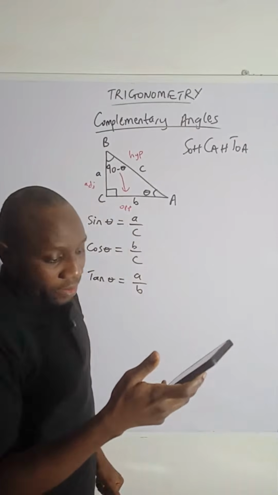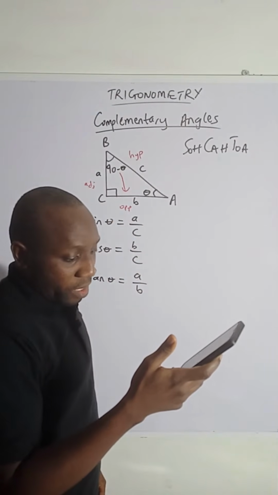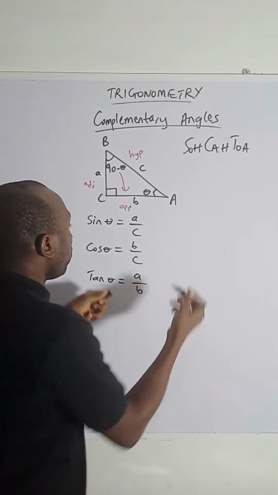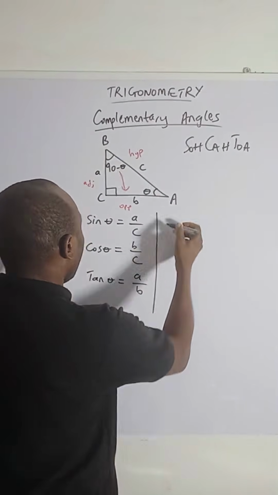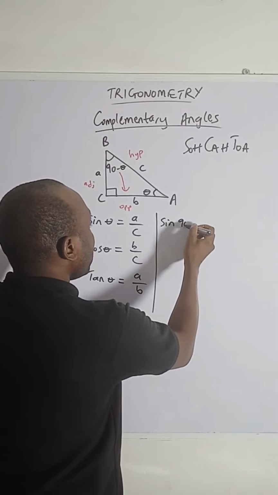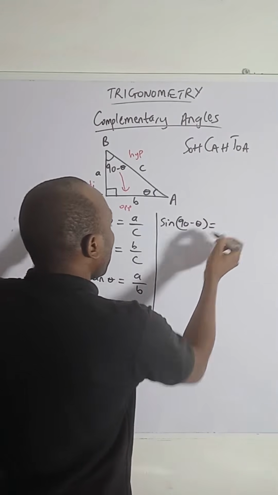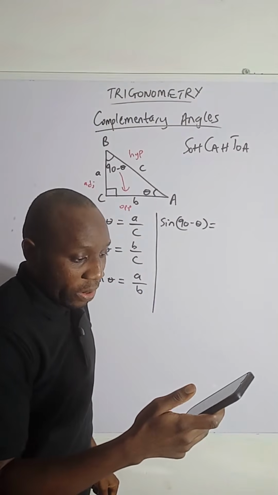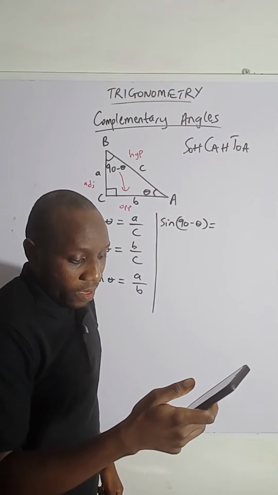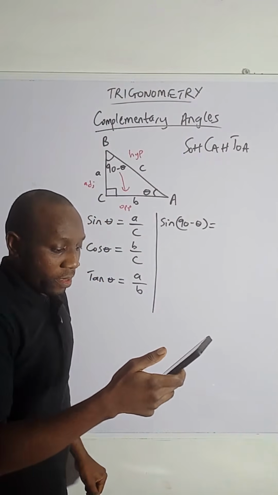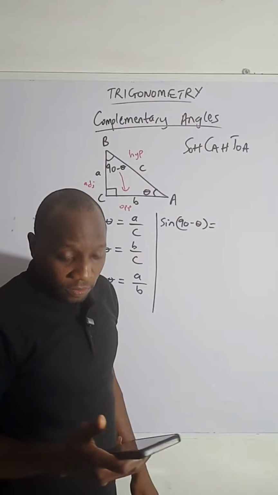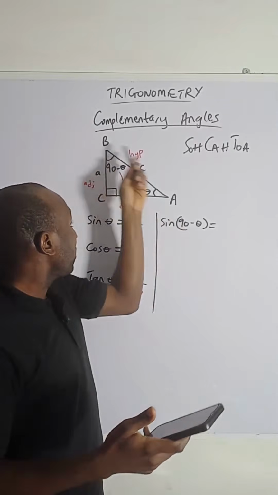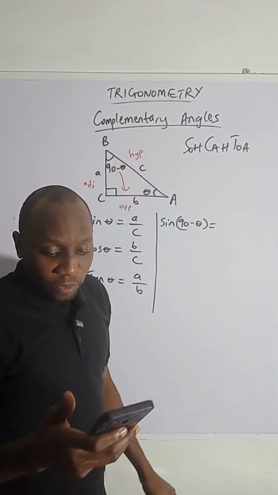Yeah. You're all good. Tell me one thing there, brother. Okay. Very good. So quickly, who can tell me what is sine 90 minus theta? What's that going to be? If you know it, say it in the comments. What is sine 90 minus theta? Yes, who is going to answer that question? What is sine 90 minus theta, using the sides from the right angle triangle?